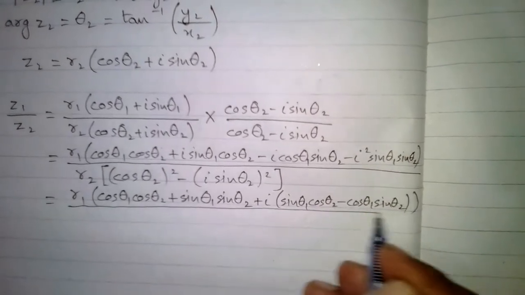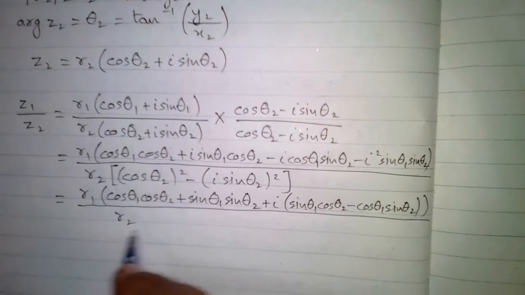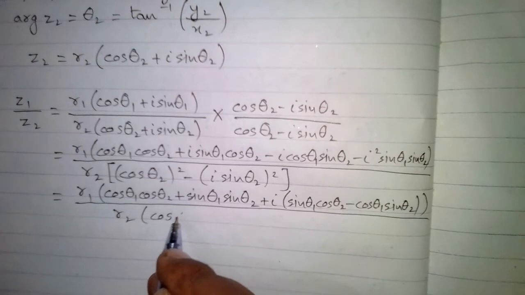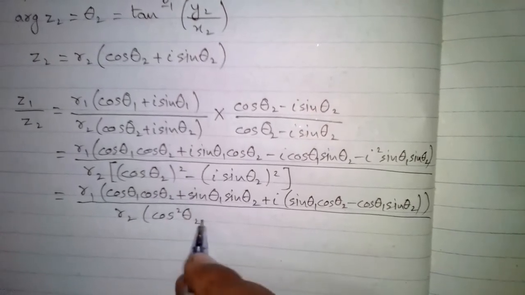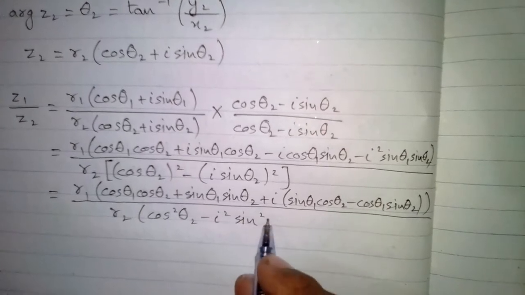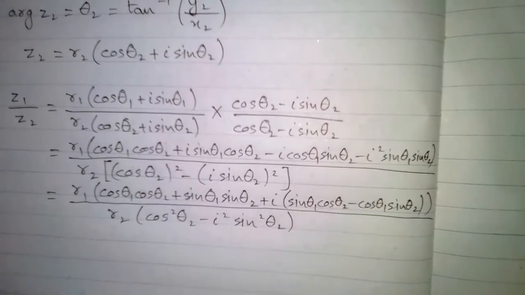and in the denominator we have r2 times cos square theta 2 minus iota square sin square theta 2.